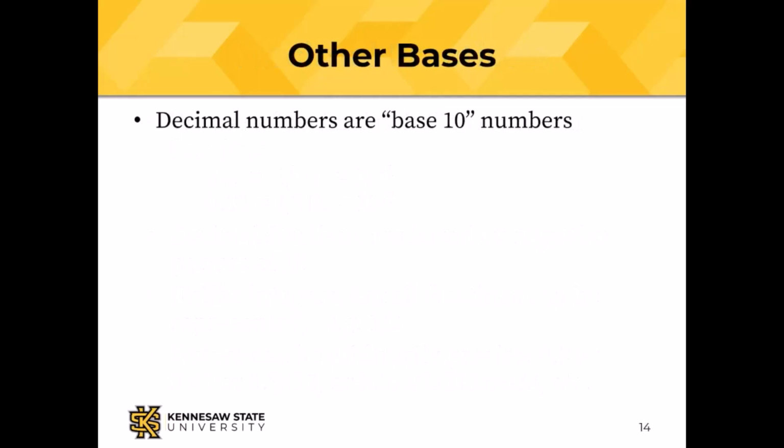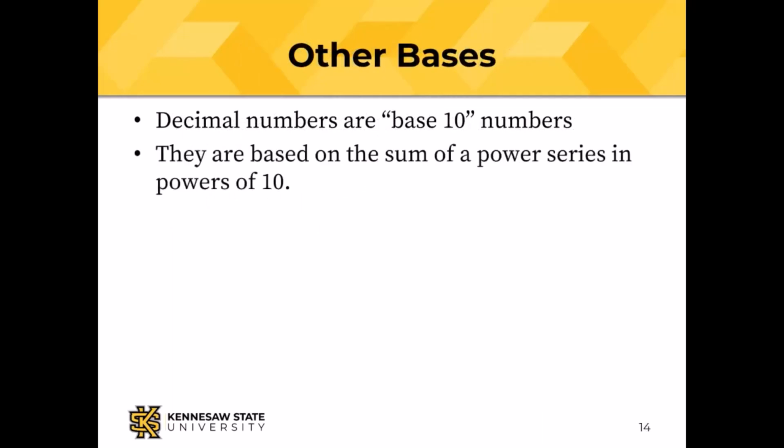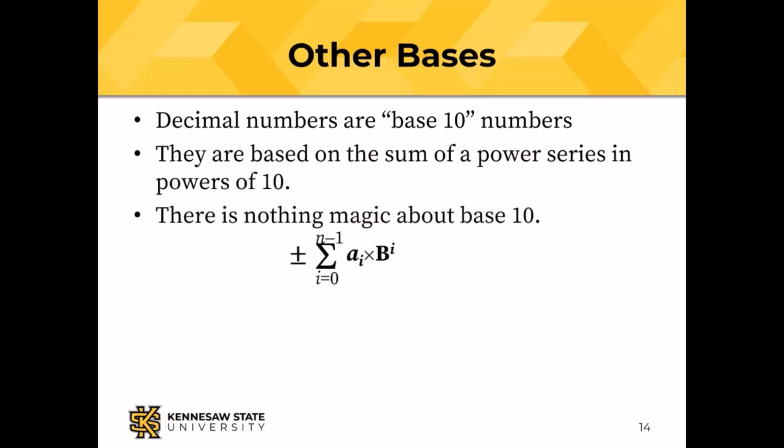Okay, decimal numbers, base 10 numbers, based on power series in powers of 10, the sum of that series. But there is nothing magic about 10. Not even the 10 fingers that we have is magic about 10.